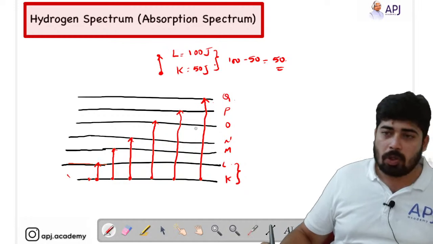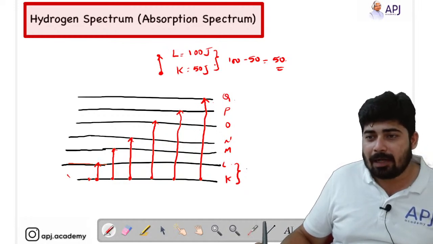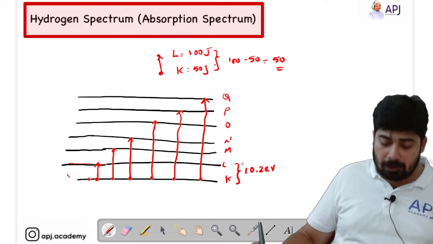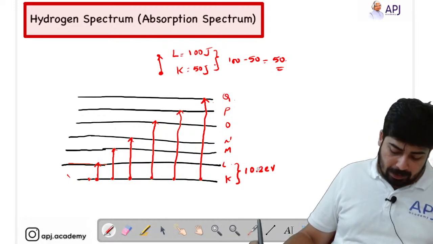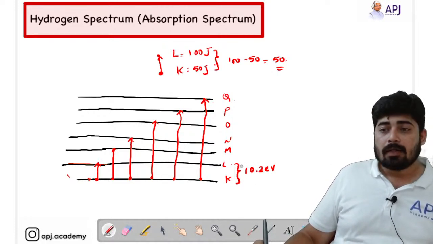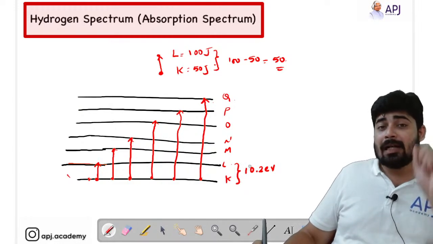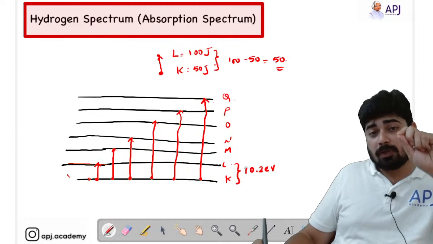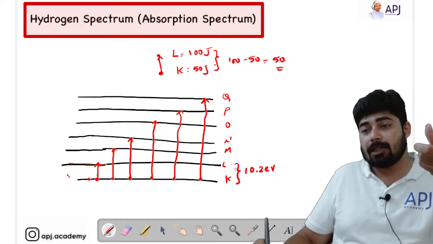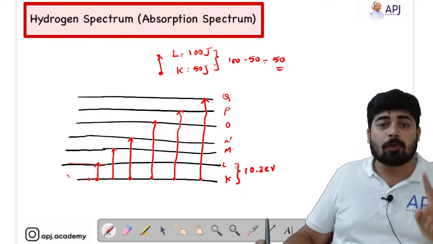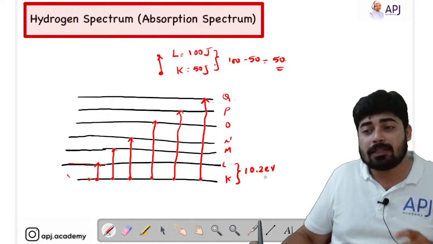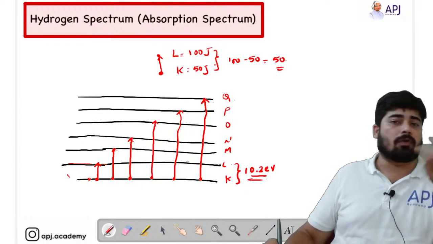Okay, so we have calculated and got a value: the energy difference between the shells L and K is 10.2 electron volt. Between L and K, the energy gap is 10.2. That means for an electron to excite from the first shell to the second shell, it has to absorb an amount of energy equivalent to 10.2 electron volt.